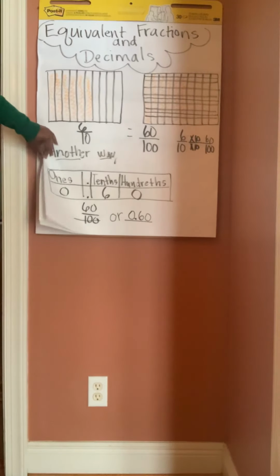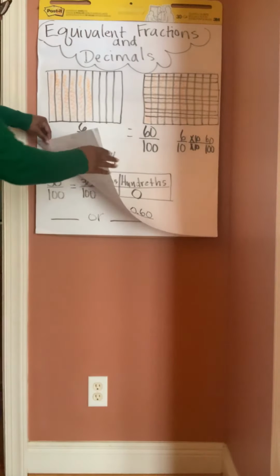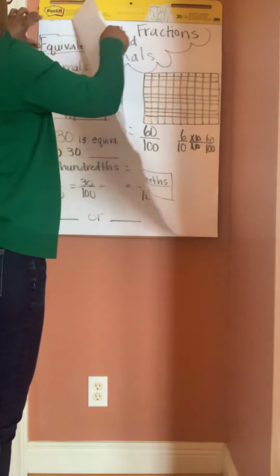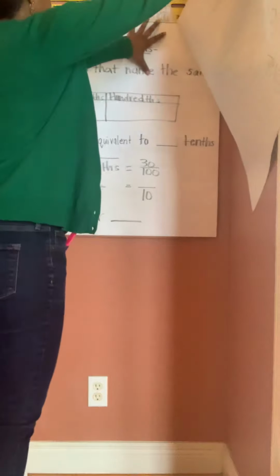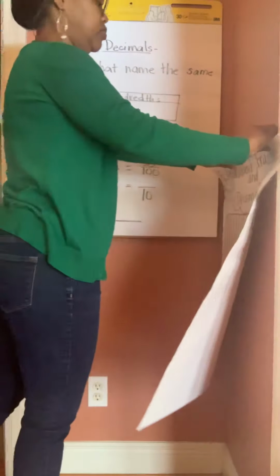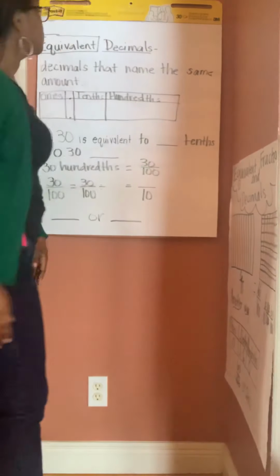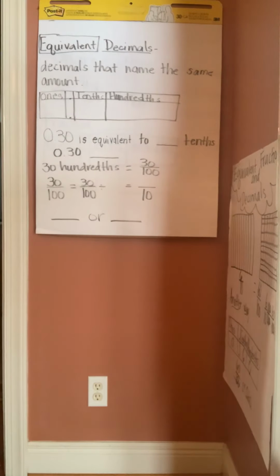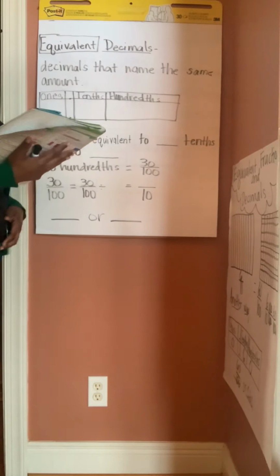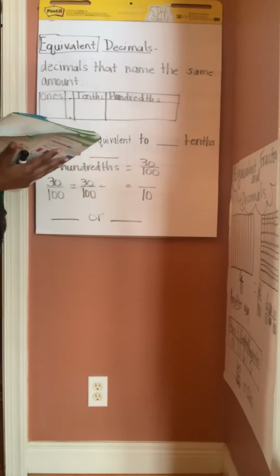So let's look at the top of the next page, page 352. Jasmine collected 30 hundredths liter of water in a jar during a rainstorm.